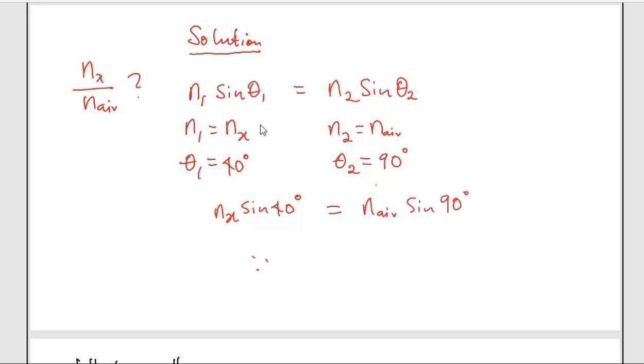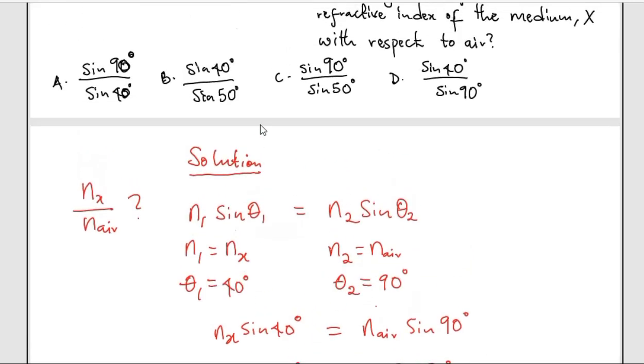So therefore NX over NA, once you divide both sides, so you bring NA down here, you bring sine 40 down here, you now have is equal to sine 90 degrees over sine 40 degrees. So this is the answer. Therefore our answer is A.